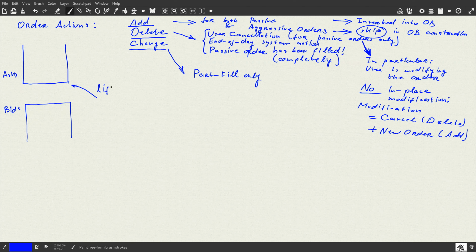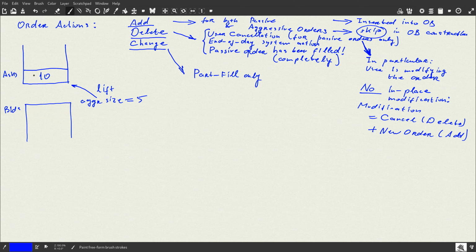You remember? A lift occurs. There was an order, for example, a single order at the ask side, for 10,000, but the aggressor size is only 5. What happens with the passive order?